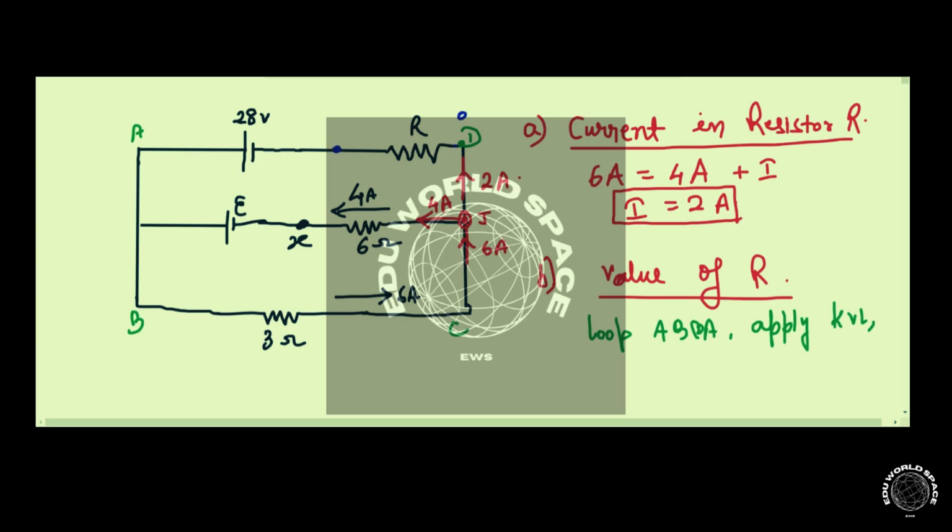Then potential at this point will be decreased by a factor 2 into R by applying Ohm's law. So it will be 0 minus 2 into R, and then the potential at A will be increased by this 28 volt, because we are jumping from negative to the positive side. So plus 28, and that will be the potential at this point. Now again potential at point C will be decreased by 3 into 6.